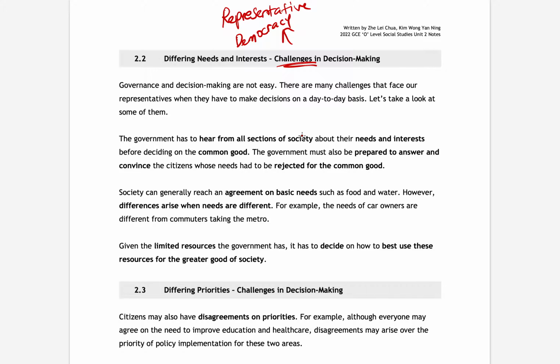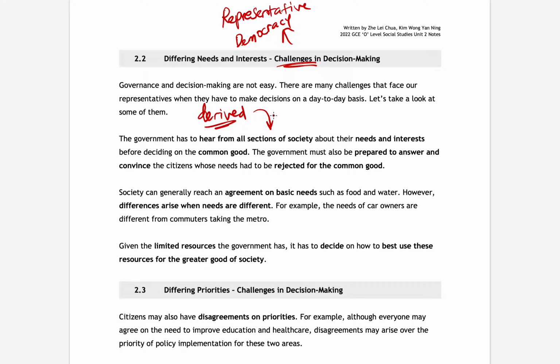Okay? So in a representative democracy, since the power is derived, again, derived power, the government needs to hear from all sections of society about what they want, what they need, and what they desire. The government cannot just decide everything as such.